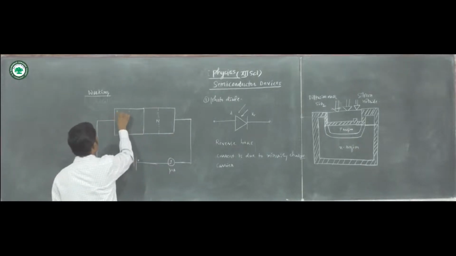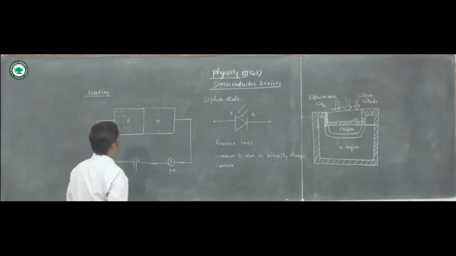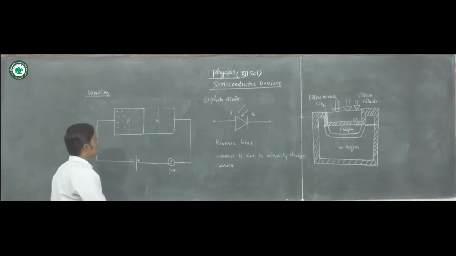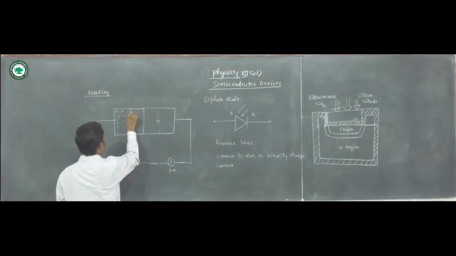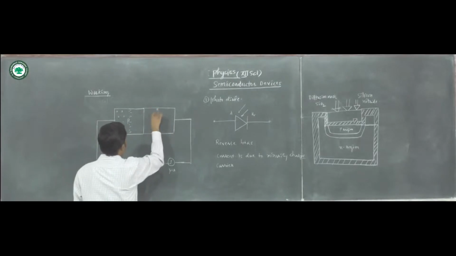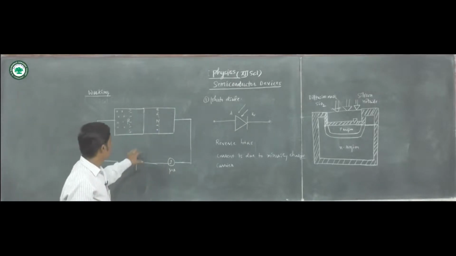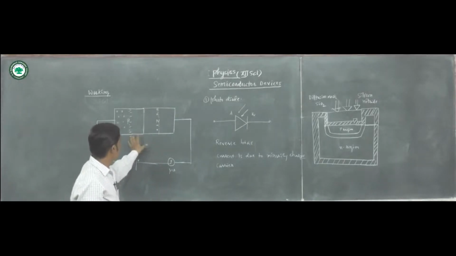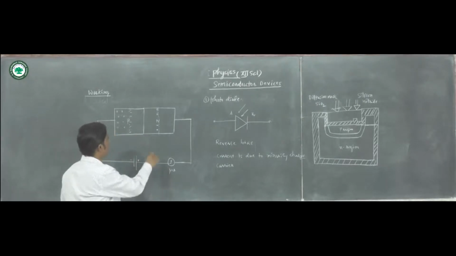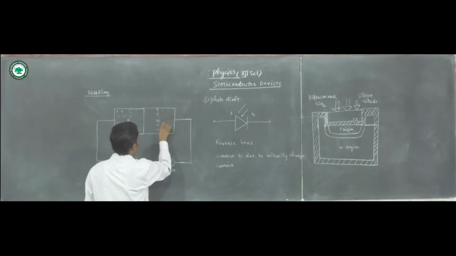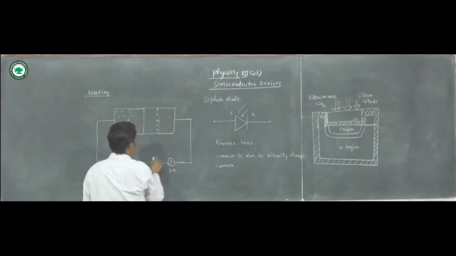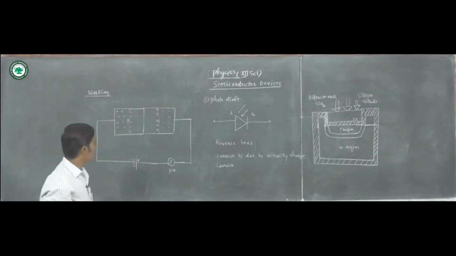Here are the holes which are majority in number, and here it forms the negative, and in this region there forms a collection of ions. Here are the negative charge carriers which are majority in the N-type semiconductor.